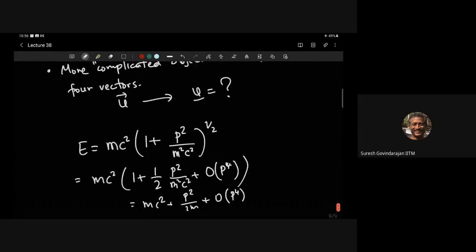This formula tells you that this is the same as the mass we would have defined in Newtonian mechanics. A priori, we don't know that. I could have written it as some constant, but what I'm saying is that to make it match with Newtonian mechanics, that constant better be mc whole square.